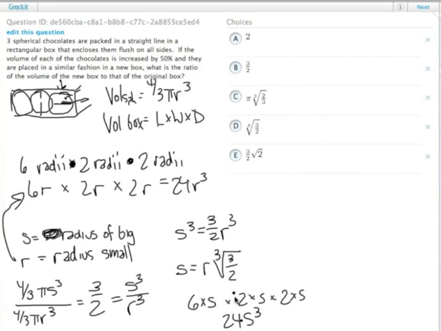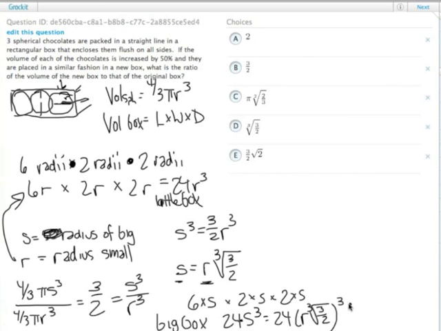And now, this is the volume of the big box. This is the volume of the little box. And now we also know that s equals r times the cube root of 3/2. So this 24s cubed is equal to 24 times this value for s, which is r times the cube root of 3 halves, cubed.